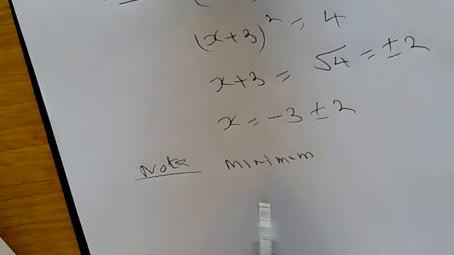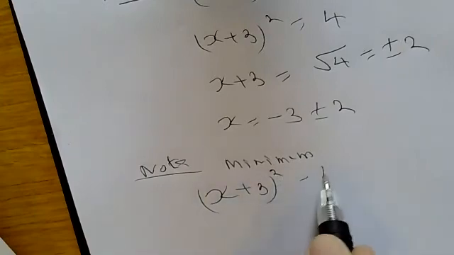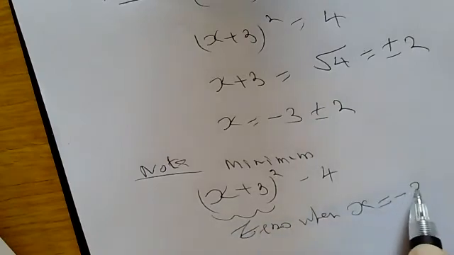A little note at the bottom, because you see, we have a minimum. Where is it? Well, if I take x plus 3 squared minus 4, that's a square number. So that part here is going to be 0 when x equals minus 3.